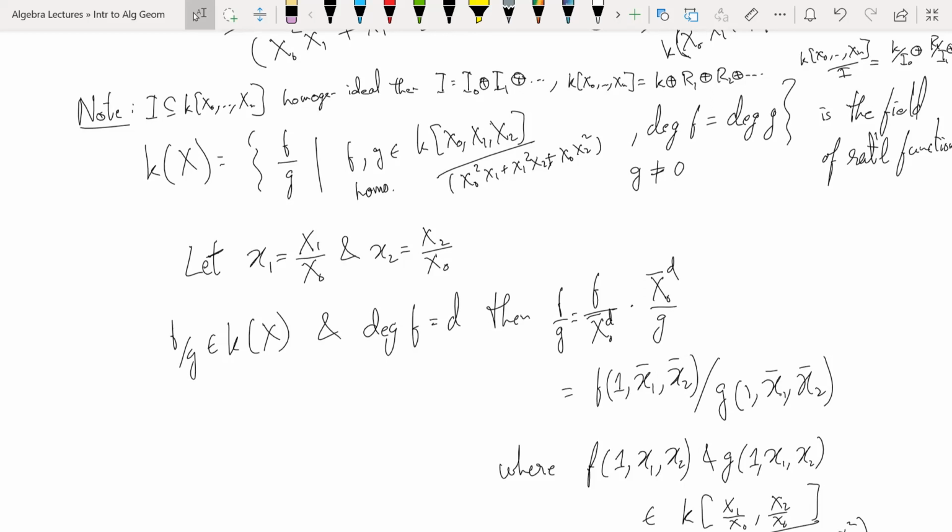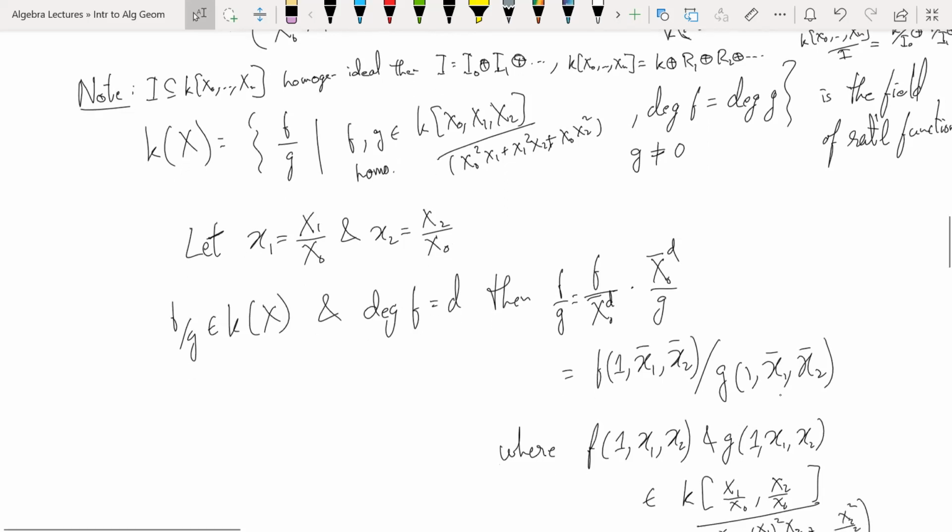Note that x_0 does not belong to this ideal, so dividing by x_0 to the power d is non-zero in this homogeneous coordinate ring, so there is no problem.